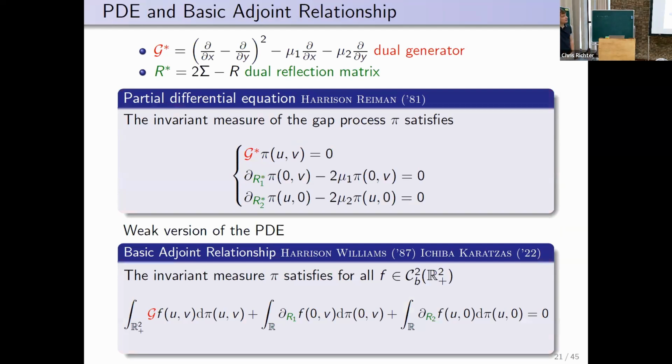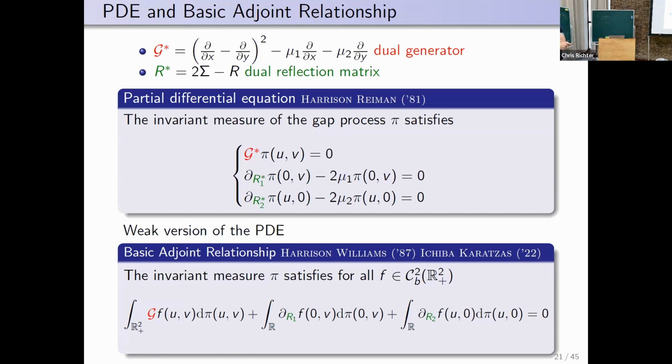And there are some partial differential equations which characterize this invariant measure. It's quite classic, so it's a bit quick if you haven't seen it before, but you have this equation which characterizes the stationary distribution inside the quadrant, and you have some boundary conditions which are conditions on the derivative on the boundary.